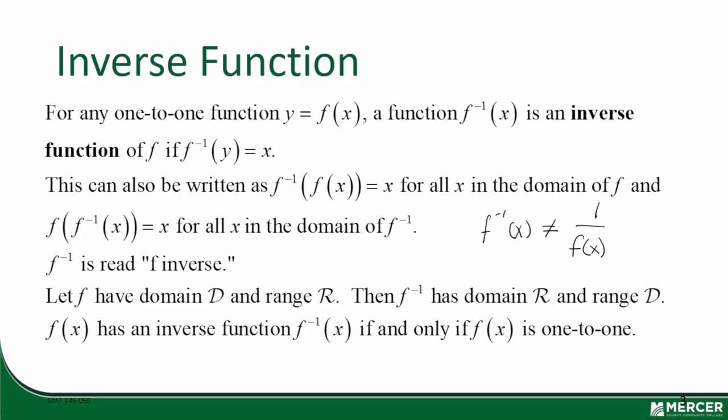F of x has an inverse if and only if it is 1-to-1. What this means is every 1-to-1 function has an inverse. And if f has an inverse, it's 1-to-1.